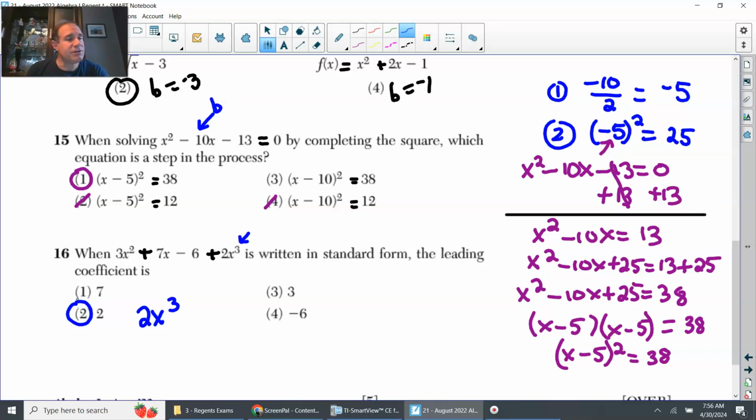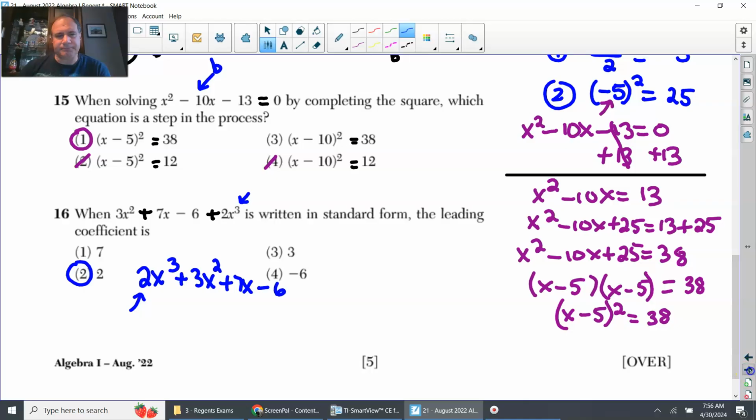That's the leading coefficient of the variable with the largest exponent. That's it. If you were writing it in standard form, if you were going further, 3x squared would be next, and then 7x would be next, and then the constant would be last. But this is the leading coefficient. And that is that.